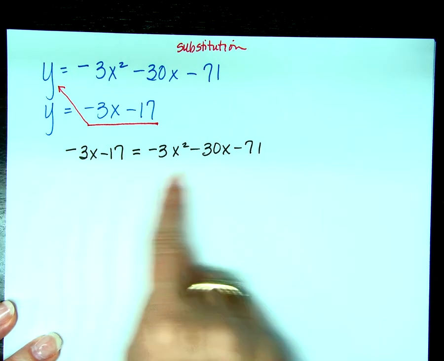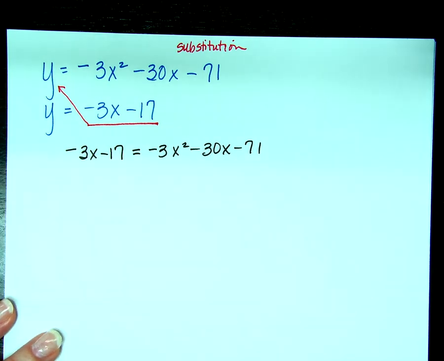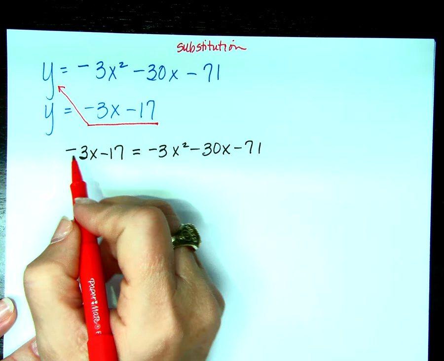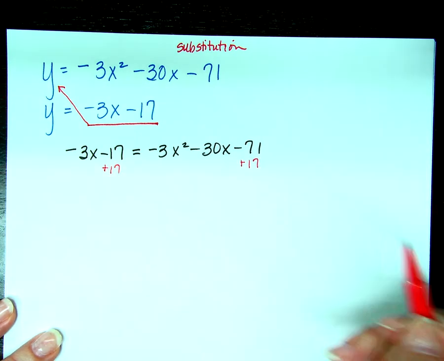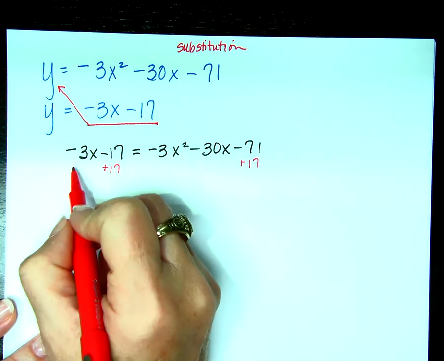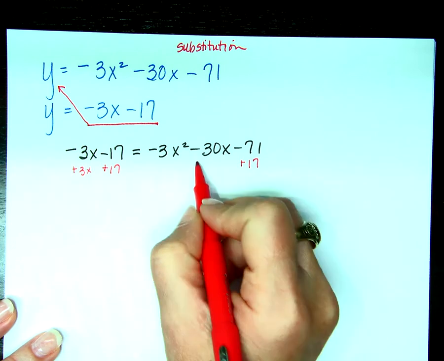Well, doesn't this just look like an equation we solved last week? I mean, not last week, the week before. Yeah? What do I need to get it equal to? 0. So how am I going to do that? Add 17 to both sides, okay. Is that it? So add 3x to both sides.